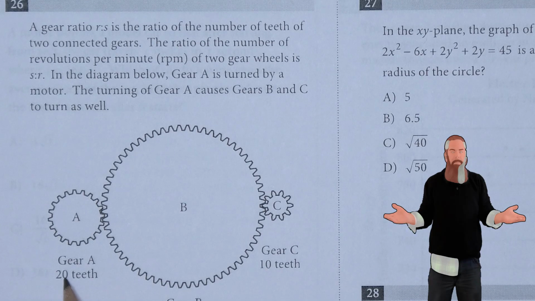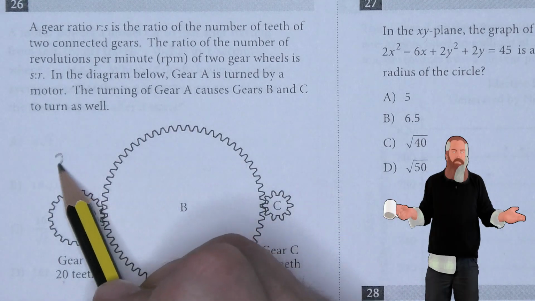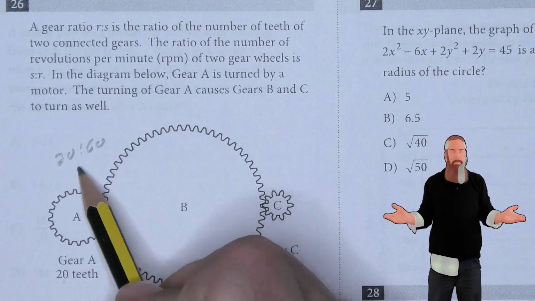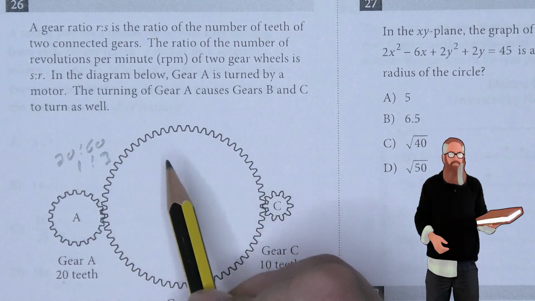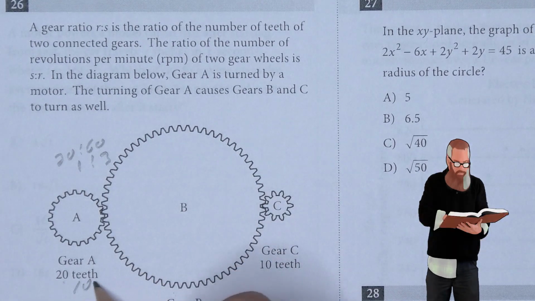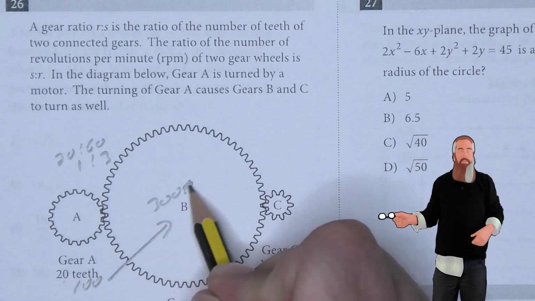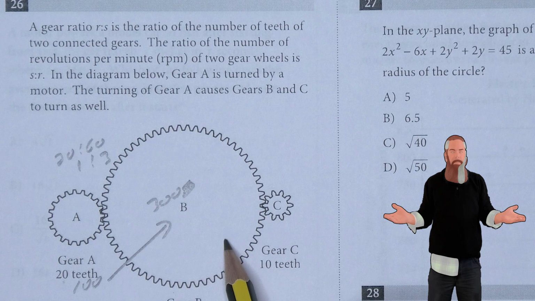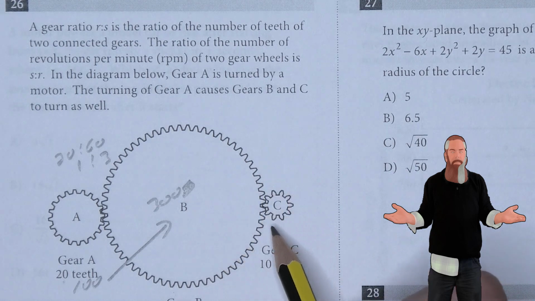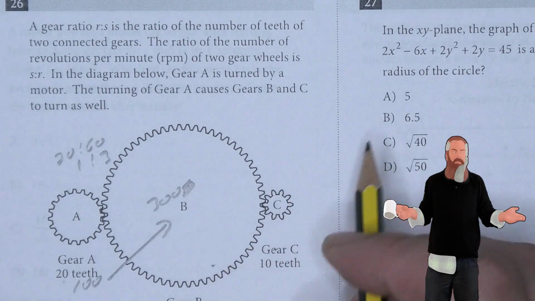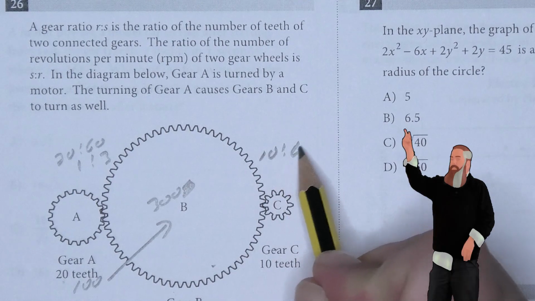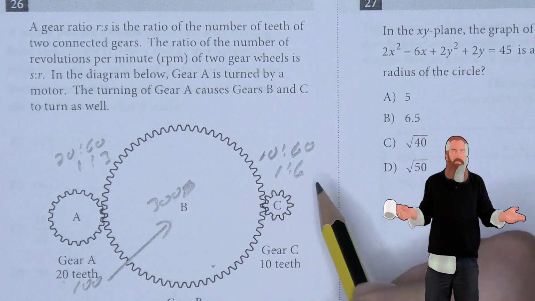So we know that A has 20 teeth and B has 60 teeth. This means we're looking at a 20 to 60, or a 1 to 3 ratio. If this is turning at 100, that means that this is turning at 300. Now here we know that we have 10 teeth and 60 teeth, so we can say 10 to 60, or 1 to 6.